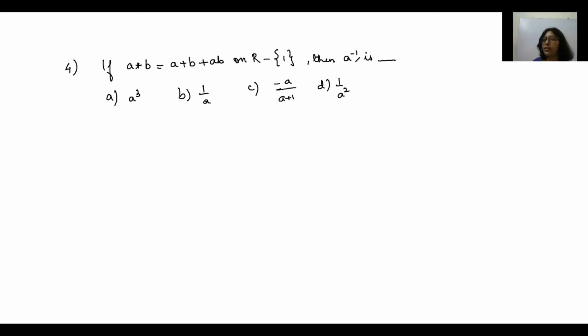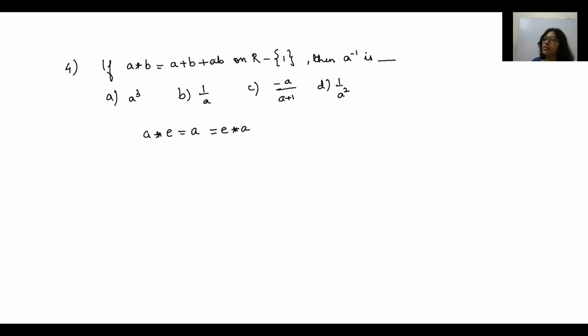We need to find A inverse in here. So to find A inverse, first we have to find the identity element. That is A star E is equal to A. And for questions like this, just check whether it is commutative. If it is commutative, you need not do both ways, like A star E and E star A, both of them. A plus B, yes, it is commutative. AB, commutative.